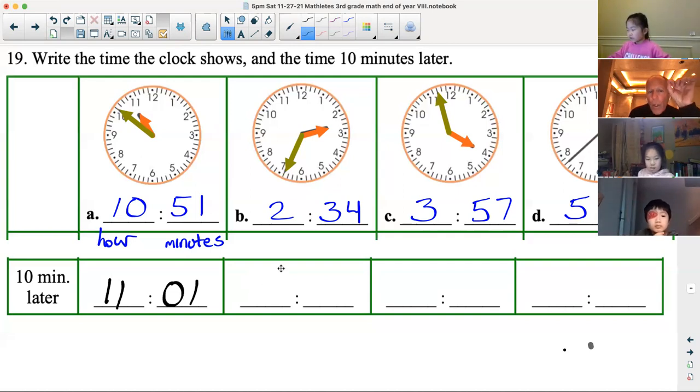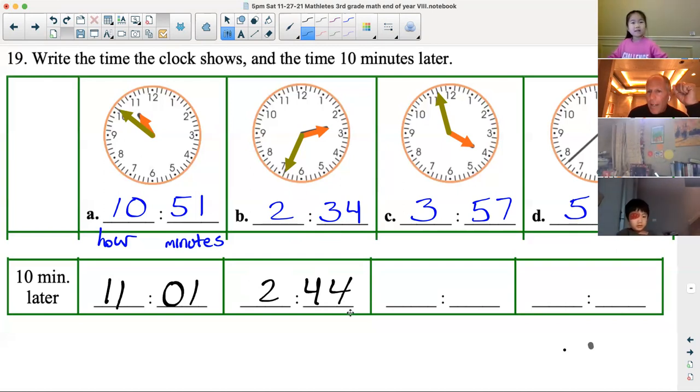Think about the minute right now is 34. We want 10 more. So you want to add 10 minutes to 34 minutes. What would that give us? 2:44. Exactly right.